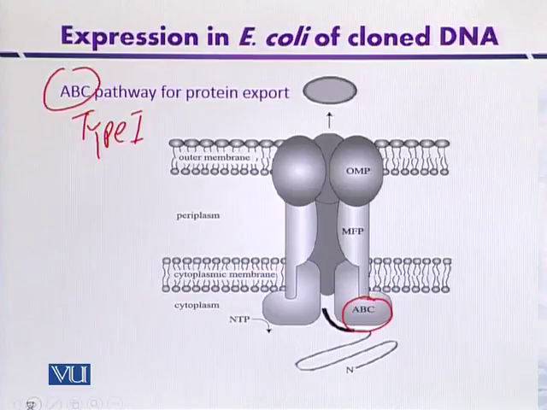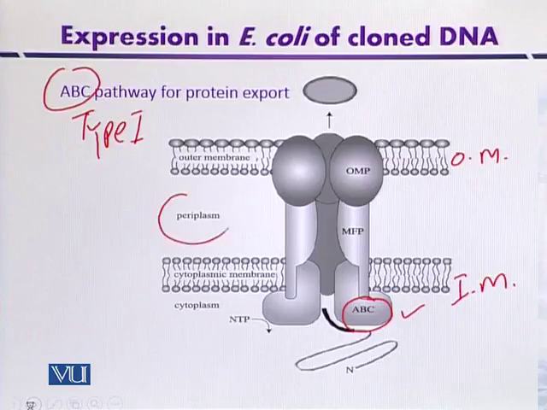It is a protein present on the cytoplasmic face of the cytoplasmic membrane, where ATP binds, and repeated cycles of ATP hydrolysis move the protein outside the cell. It has a complete channel from the outer membrane to the inner membrane, continuous through the periplasmic space, so that there is a continuous channel for the transportation of the target protein. So this is the type 1 secretion system.